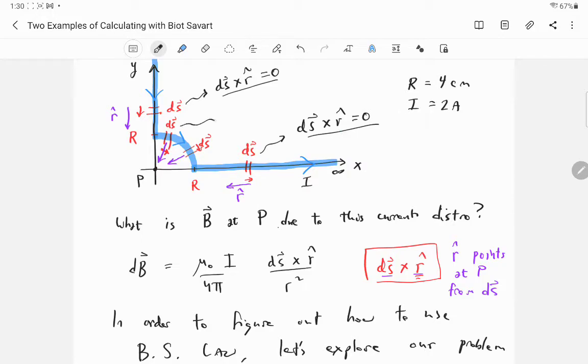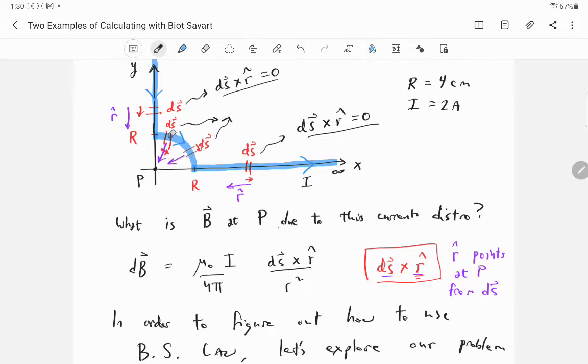And in this case here, these two ds cross r hats are going to be similar. Can you see that in the case of this little piece of wire right here, ds is sort of towards the right but a little bit down? But r hat is perpendicular to it because r hat points along the radial direction from this circular arc, right? This is a piece of a circle.